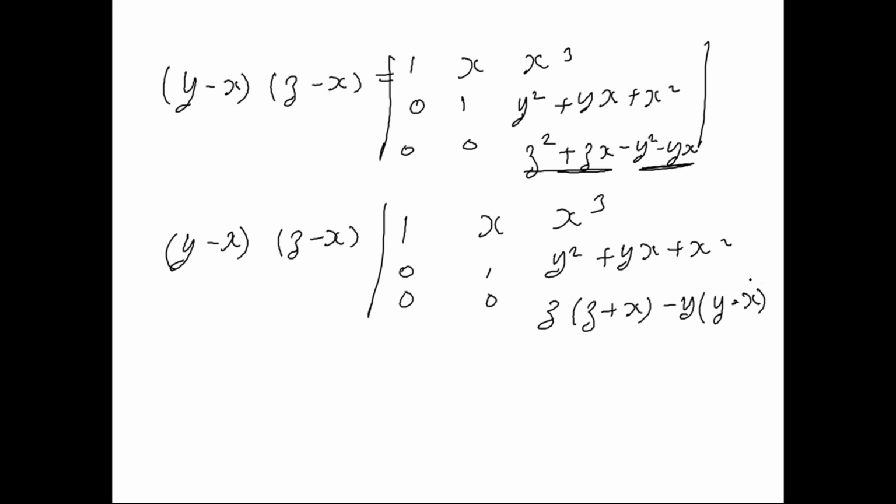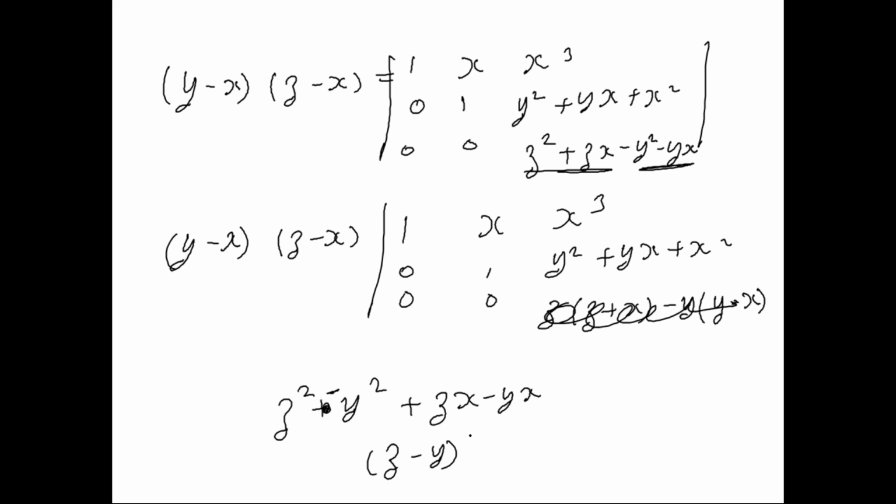It is not becoming anything. Let us not do it like this. Let us do it like this: z square minus y square, and if I take common, zx minus yx. So this becomes z minus y into z plus y.